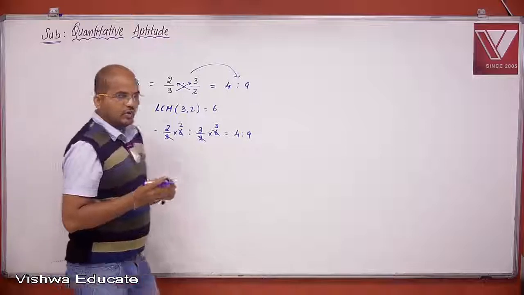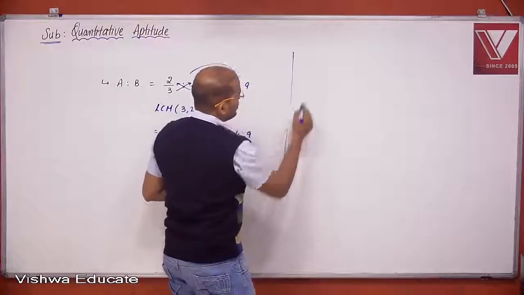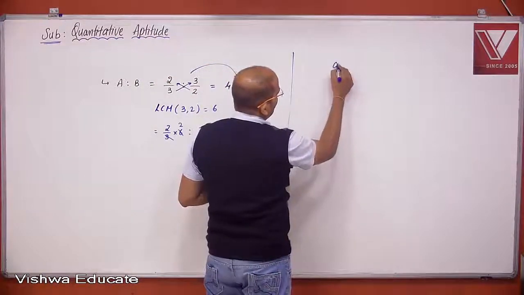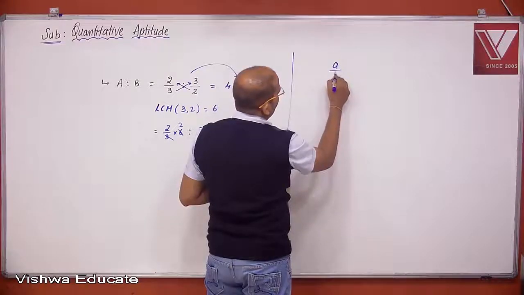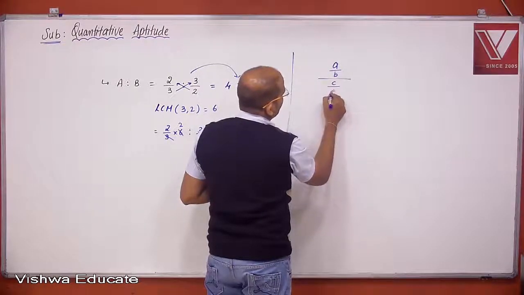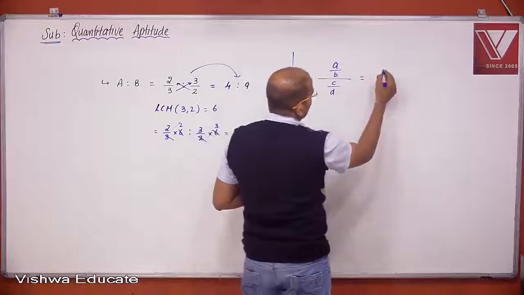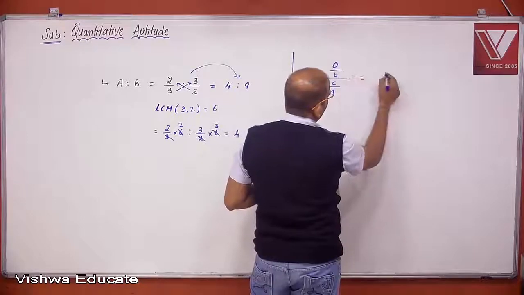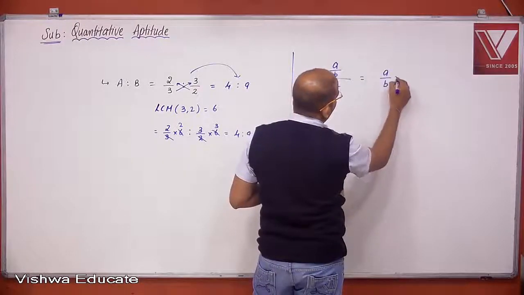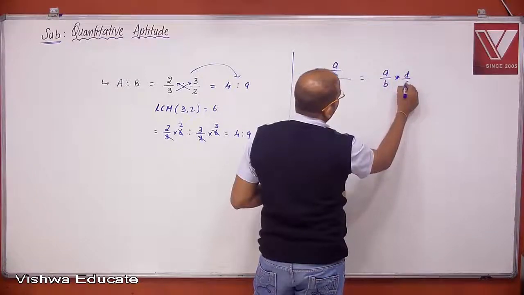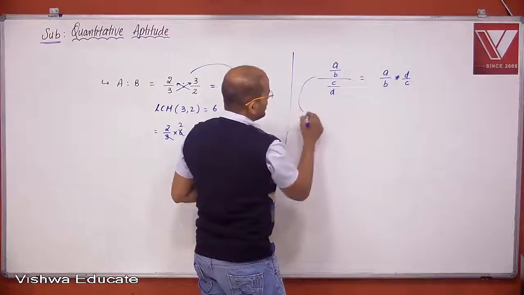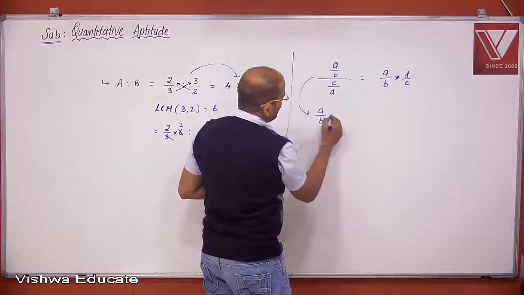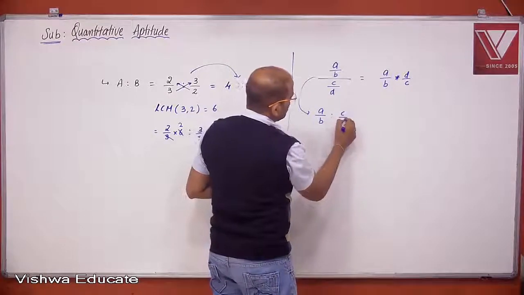And if you can recall, in your school days, you have learned that A by B divided by C by D is the same as A by B times D by C. Now can I write this as A by B is to C by D?